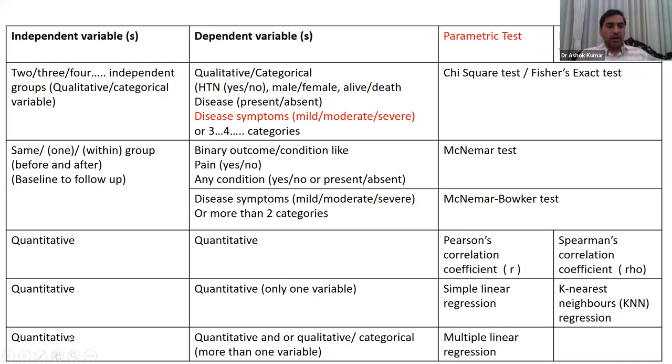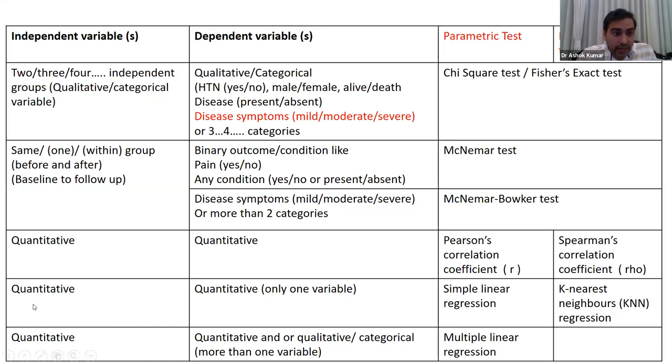Next, I think there is some correction here. So what you have to write here, you have to correct it. Our dependent variable is quantitative and only one variable.